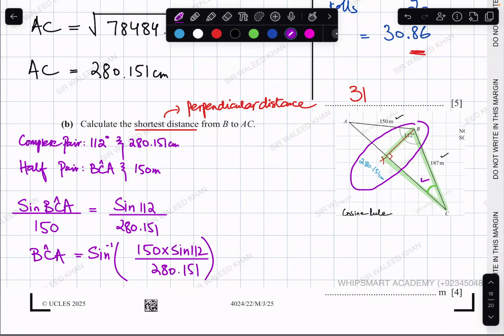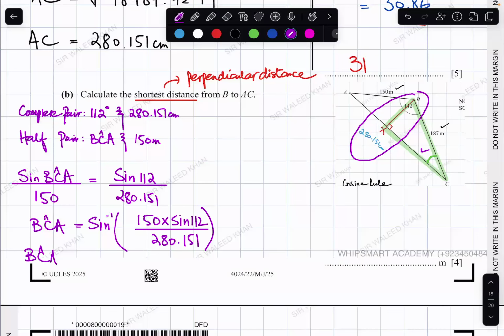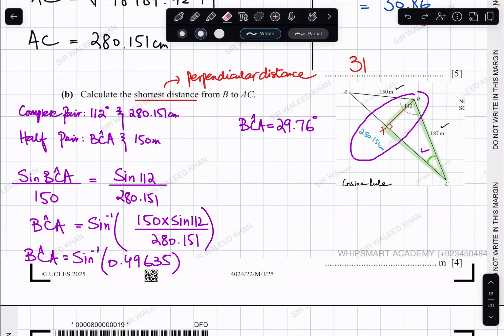So what am I getting? BCA is sine inverse of 0.49635. Okay. And then BCA is equal to sine inverse of that, 29.76. So this angle over here, we just found out is 29.76. Okay.